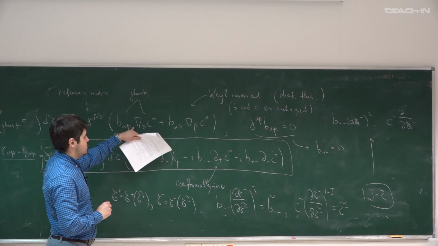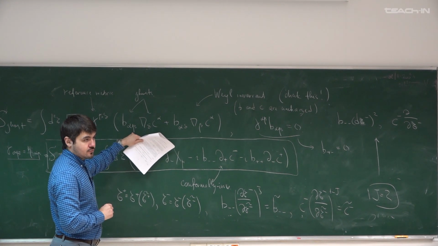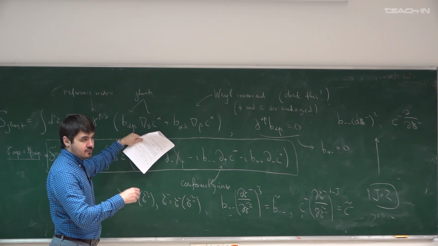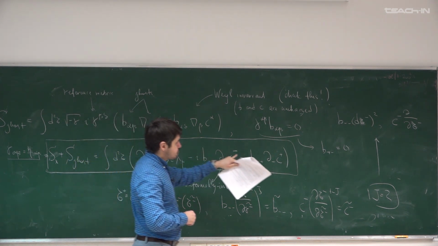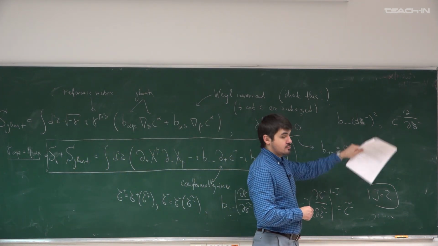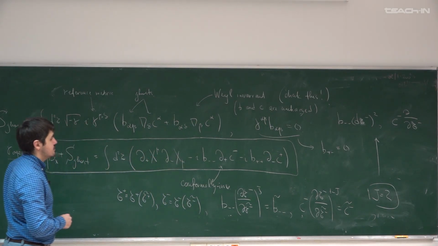In general, these were just generic tensors on our manifold, but once we've picked conformal gauge, the remaining diffeomorphisms are the conformal transformations. And this is how it transforms under those remaining conformal transformations.